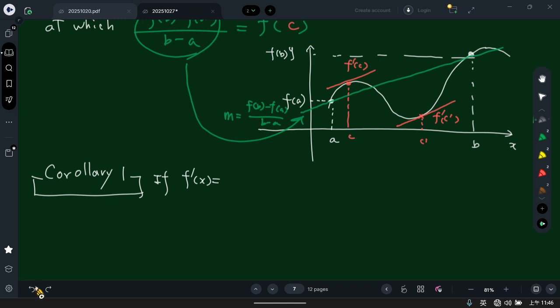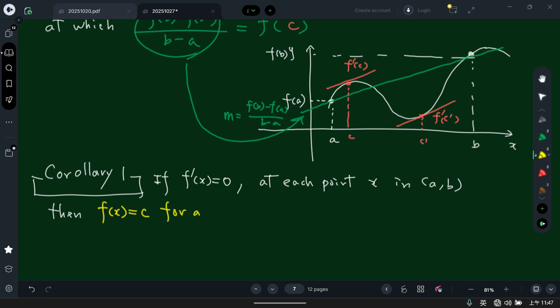If f prime x is equal to 0 at each point x in AB, then we can conclude that f of x should be a constant function for all x belonging to AB.